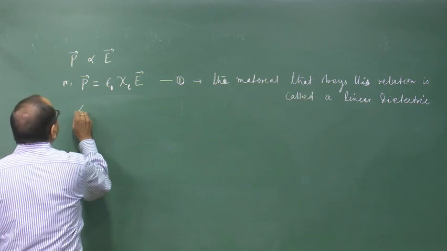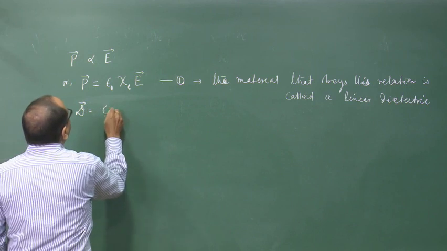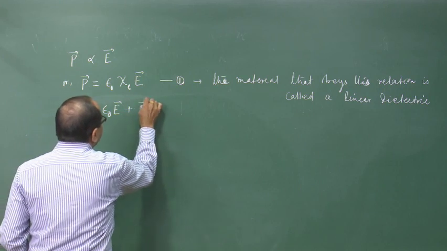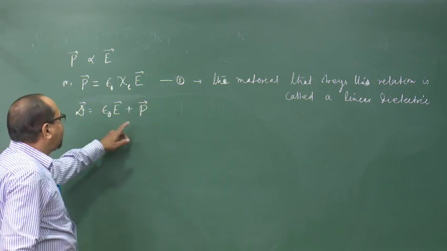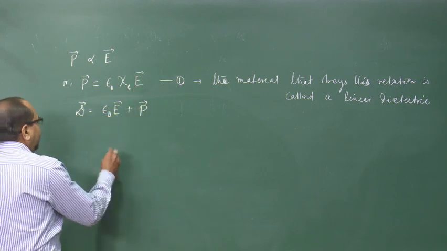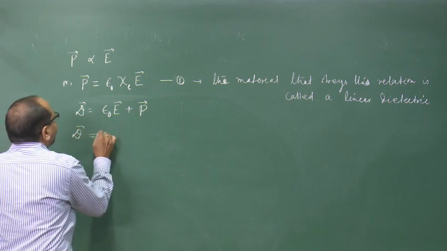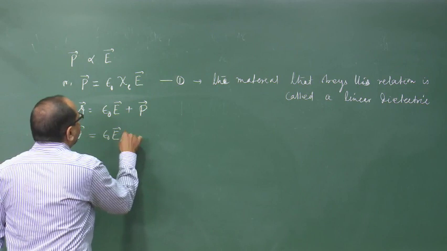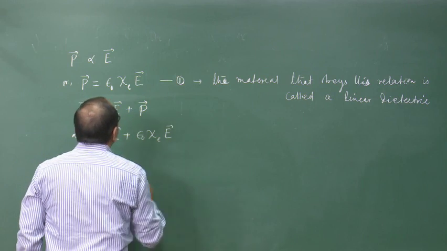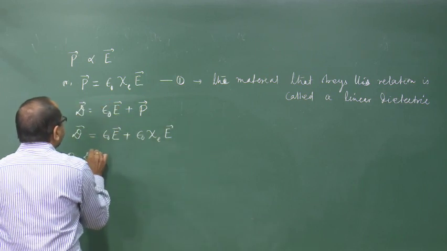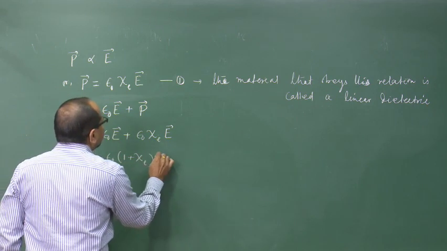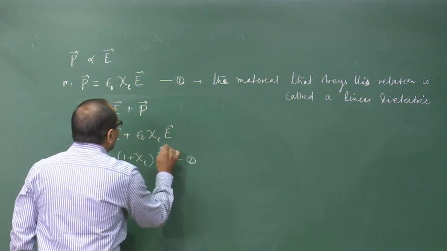Now, our displacement vector D, as we know, is equal to epsilon naught E plus electric polarization P. So, in place of P, from equation 1 we write epsilon naught chi E into E. So, our D becomes epsilon naught into E plus epsilon naught chi E into E, or D is equal to epsilon naught into 1 plus chi E into E. This is equation 2.